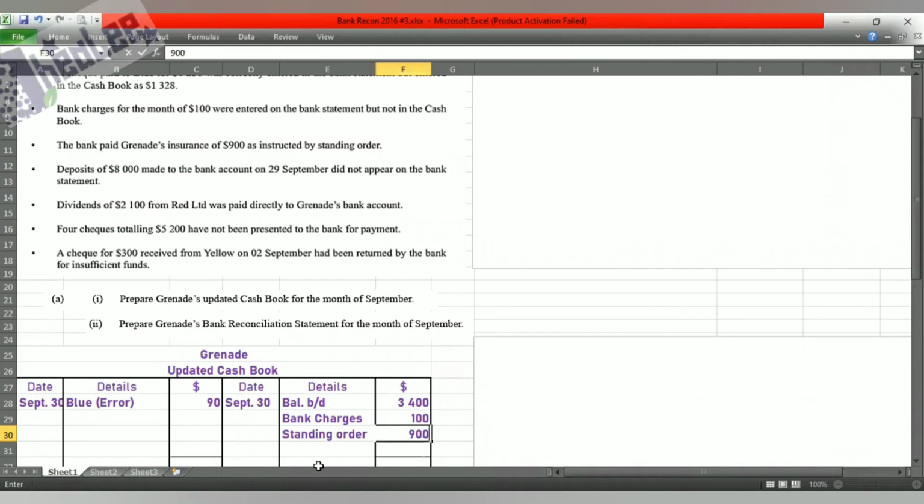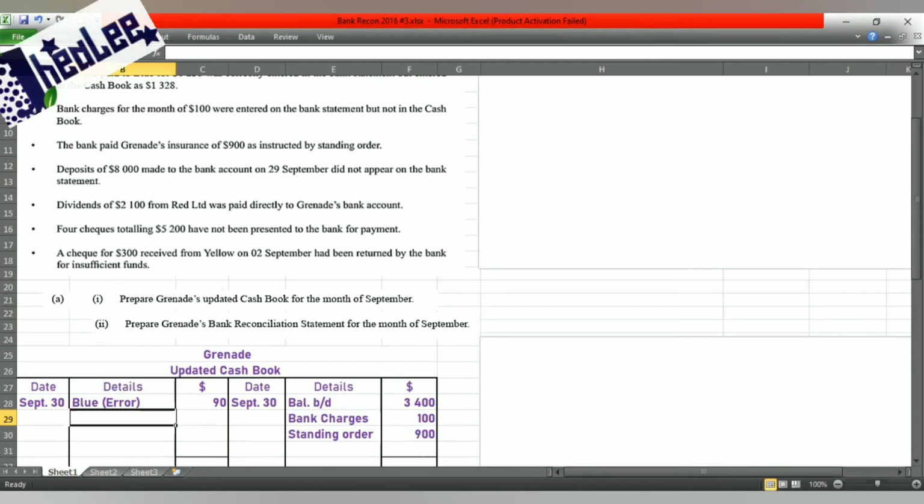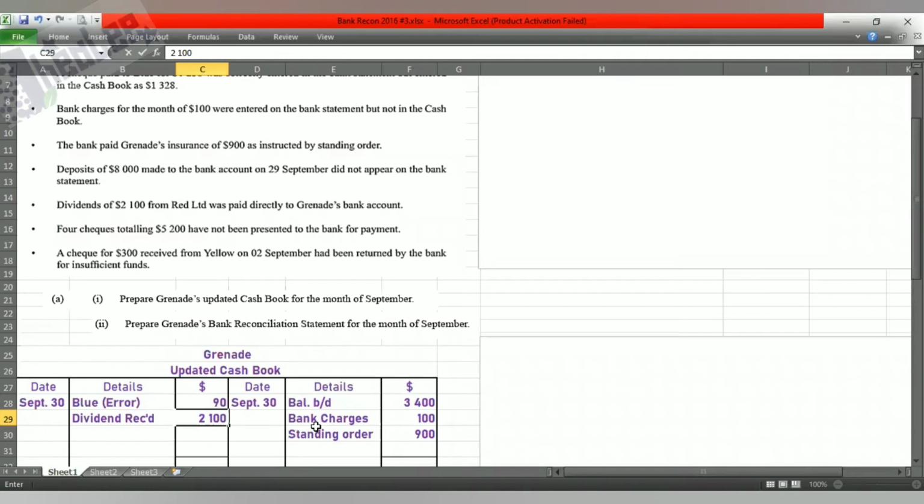We have the dividend that was received from Red Limited, and that is a debit to our cash book. So that's dividend received, debiting that to our cash book, and the amount is $2,100. And the final thing that we're going to place in our cash book is that check that was dishonored.